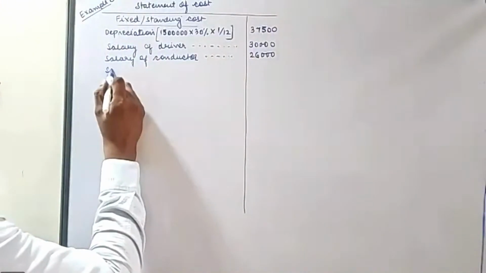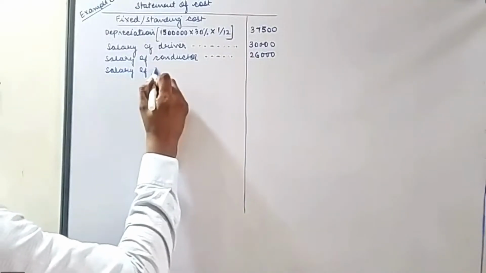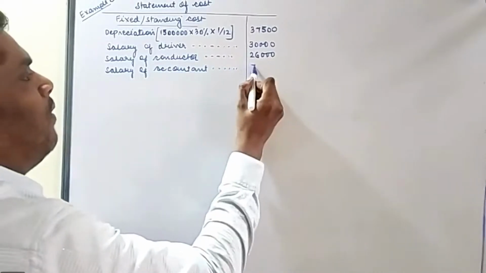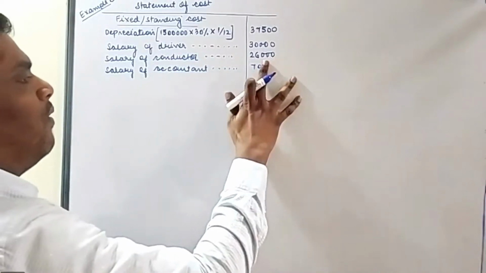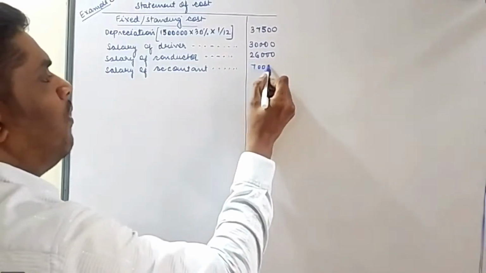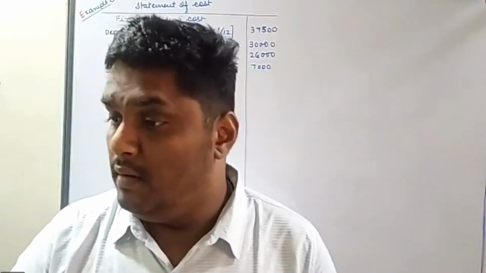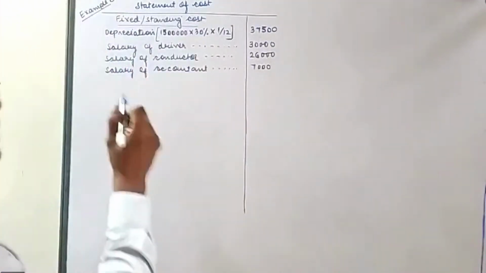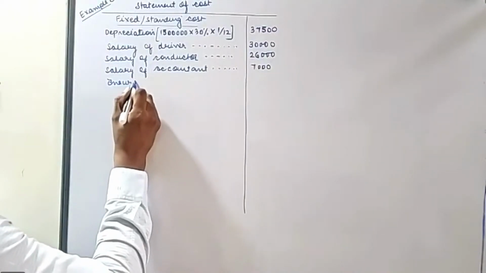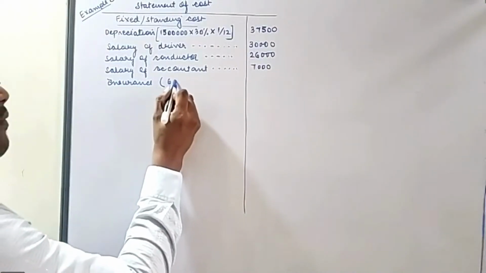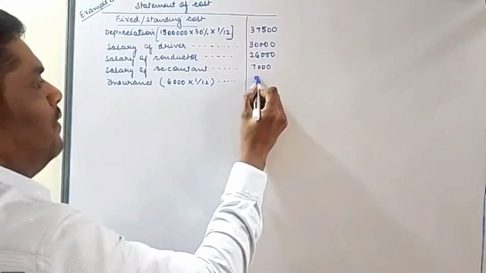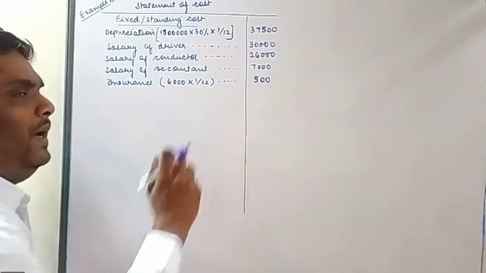Salary of part-time accountant is 7,000 per month. Insurance of bus is 6,000 per annum. So we will convert it into months, so into 1/12.